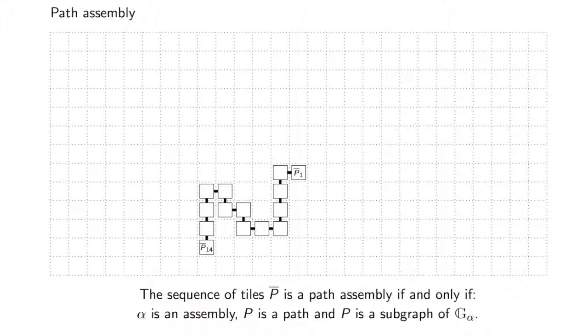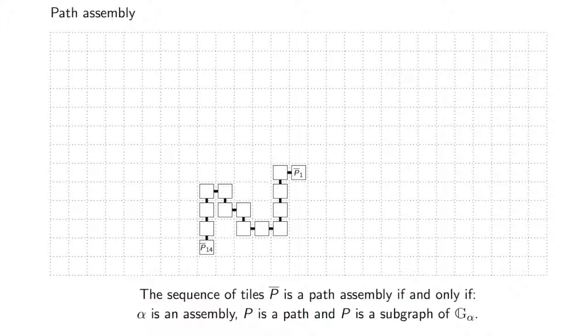Almost all the sequences of tiles considered along the proof are path assemblies, except for some few times where the sequence of tiles is inconsistent. We will meet no other cases. From now on, to represent a path assembly, we will draw the tiles, the underlying path of the path assembly and the label of the first and last tiles.